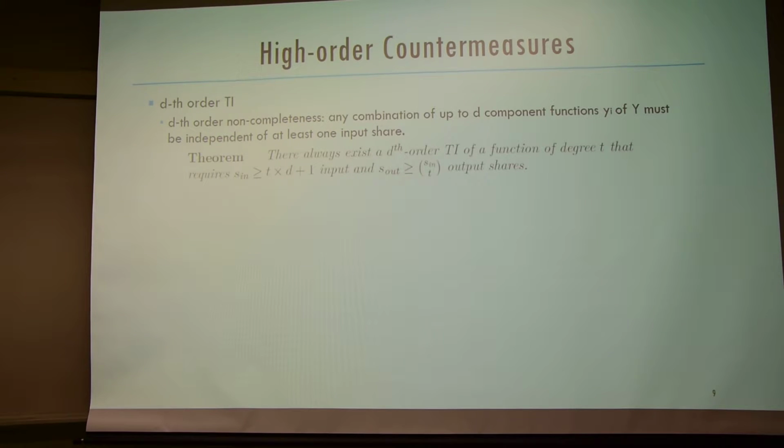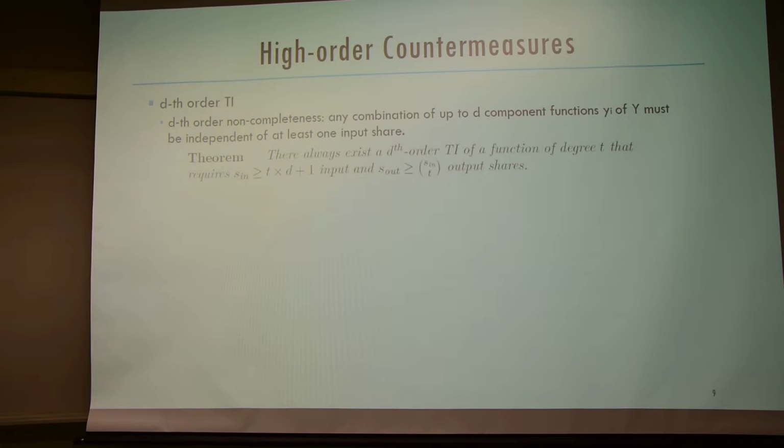So the only difference between low order TI and the high order TI is that for disorder TI, you need to satisfy the disorder non-completeness, which means any combination of up to D component functions, yi of y, must be independent of at least one input shares. Like when we talk about the first order TI, you just need to replace that D by 1.